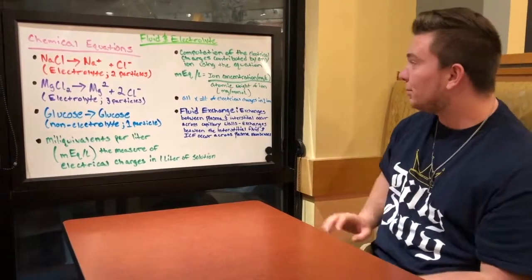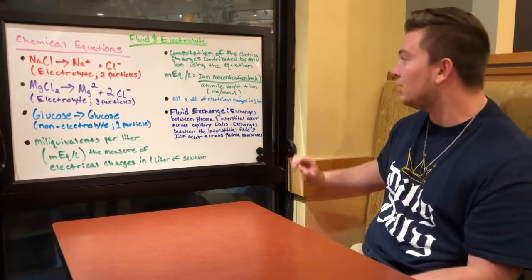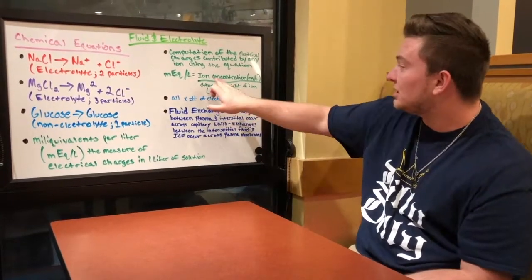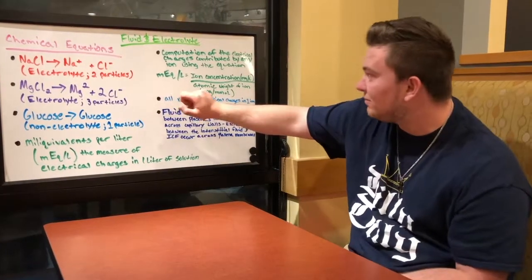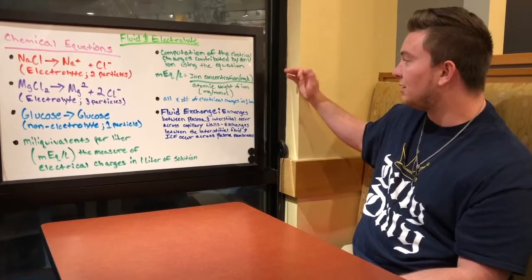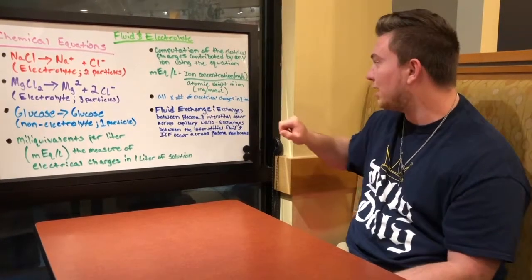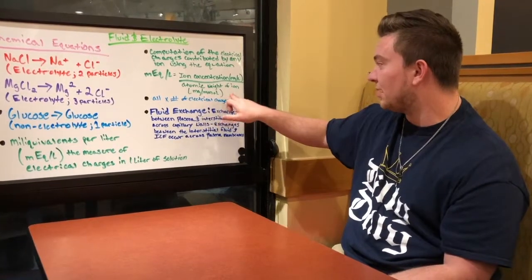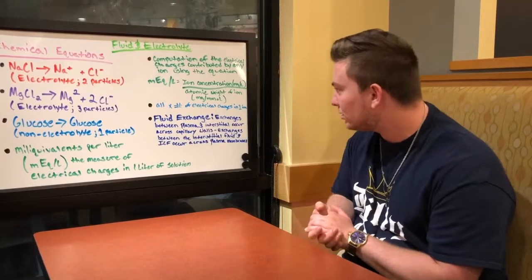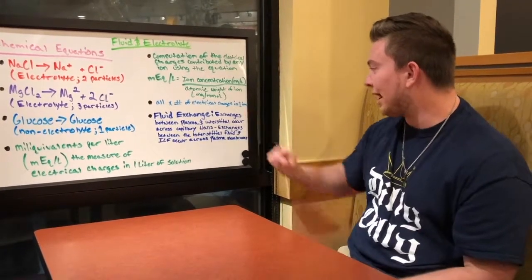To compute the electrical charges contributed by any ion, the equation is: milliequivalents per liter of the ion equals the ion concentration, which is mg divided by the liters, over the atomic weight of the ion, which is mg divided by mmol, all times the number of electrical charges in one ion.